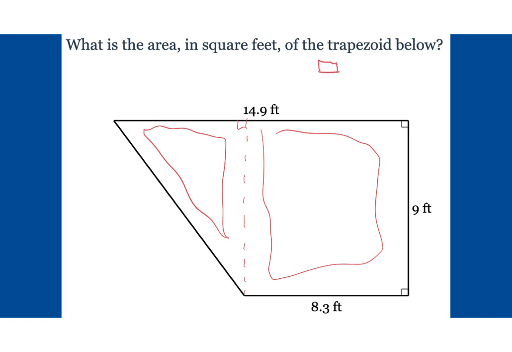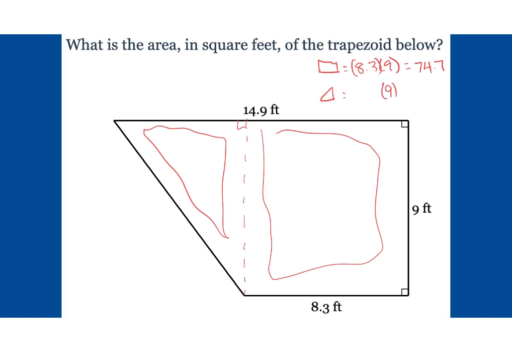Base and height are 8.3 and 9, which gives me an area of 74.7. The triangle, I have a height that I know is 9. Not quite sure about what the base is yet.